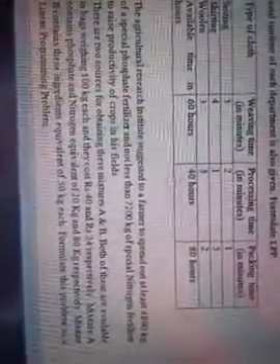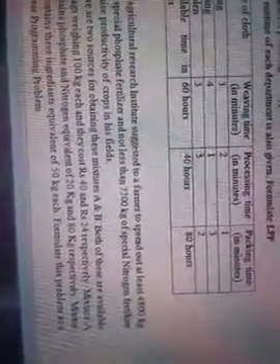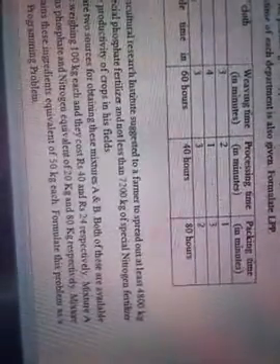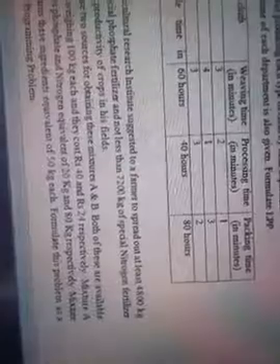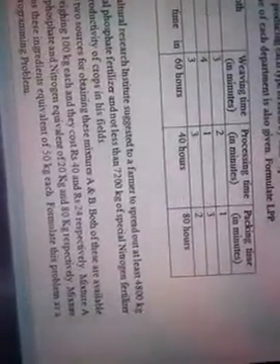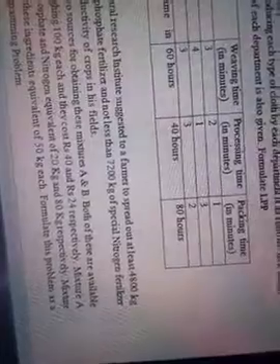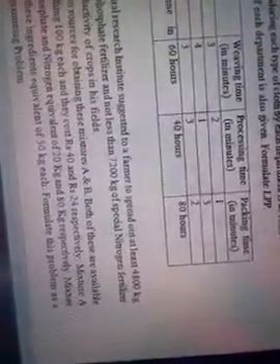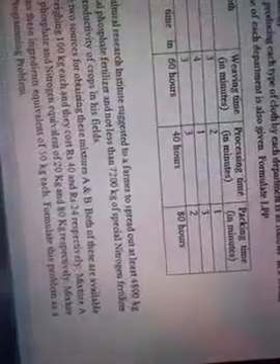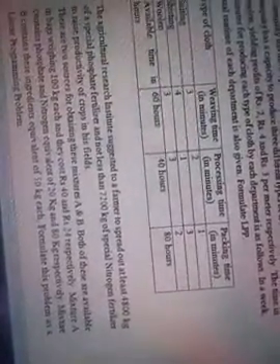The Agriculture Research Institute suggested to a farmer to spread out at least 4800 kg of a special phosphate fertilizer and not less than 7200 kg of special nitrogen fertilizer to raise productivity of crops in his fields. There are two sources for obtaining these mixtures, A and B. Both are available in bags weighing 100 kg each, and they cost rupees 40 and 24 respectively.